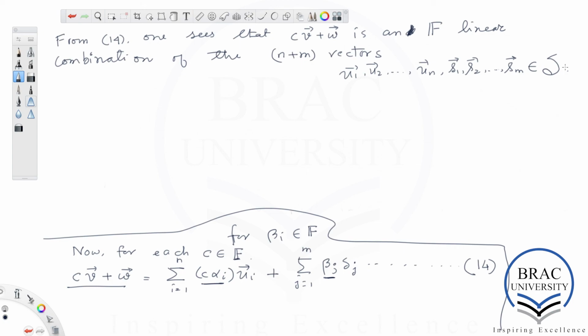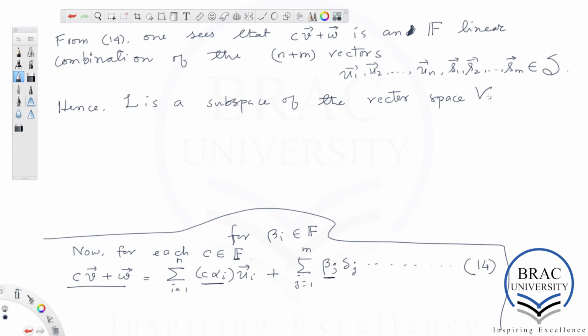So we picked up two vectors which belong to L, the set of all linear combinations, and we have seen that for a given scalar c, cv plus w is also in L. Hence L is a subspace of the vector space V. That's the first step.